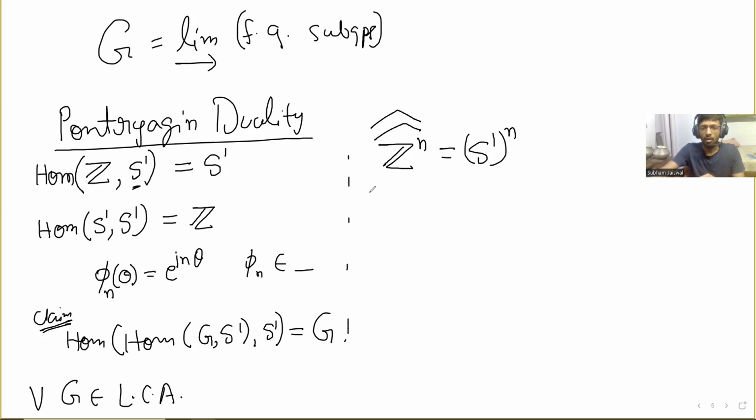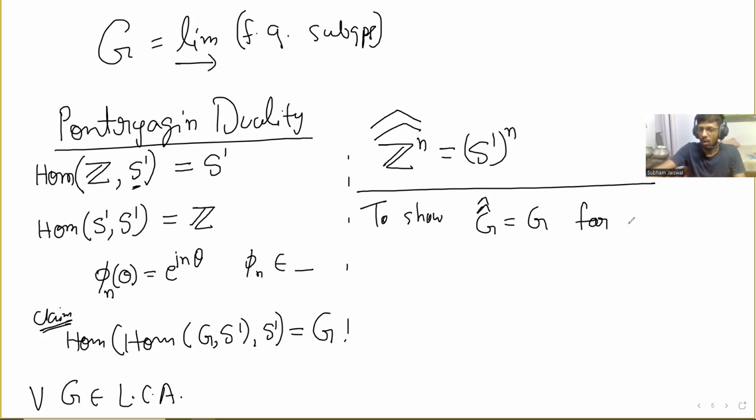Now, in order to extend, going to the full locally compact abelian case requires many more steps. But even to go from this to all discrete groups, how would we go about it?